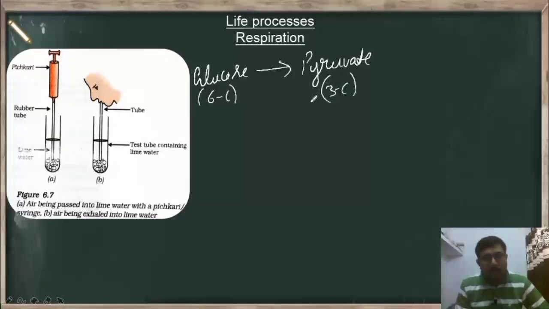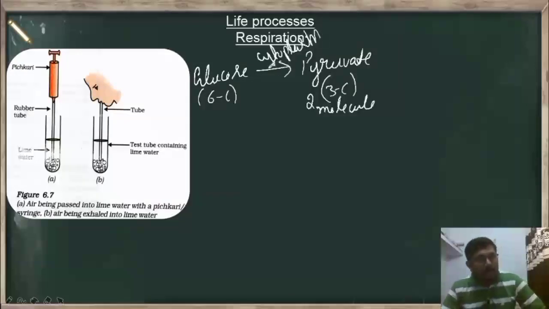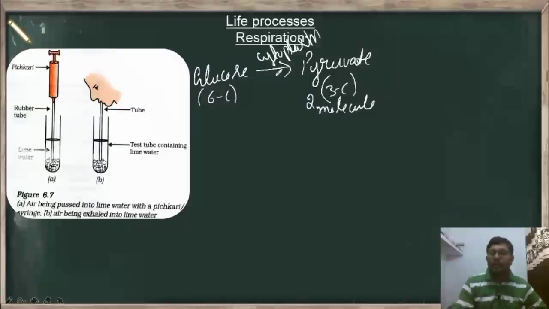And how many molecules? So it is 2 molecules of pyruvate. Clear. And where does it take place? This breaking down takes place in the cytoplasm. And this breakdown, that means glucose into pyruvate, is common in both aerobic respiration and anaerobic respiration. But further on, it is different.